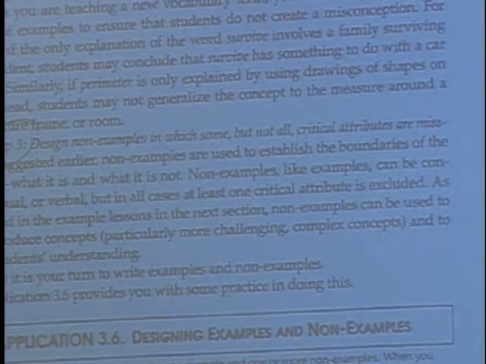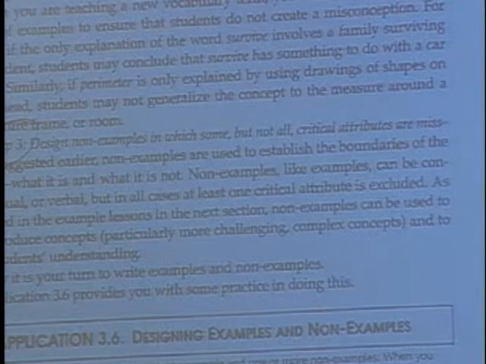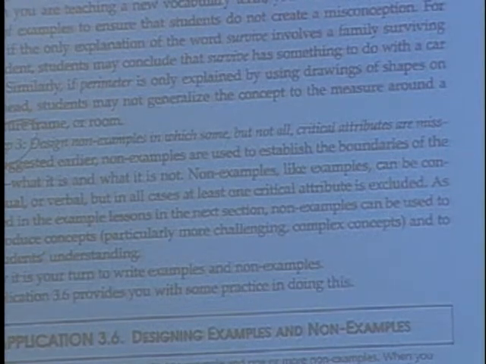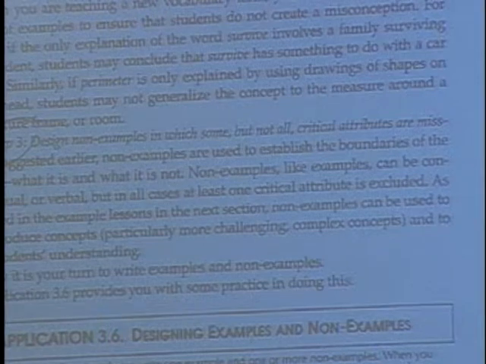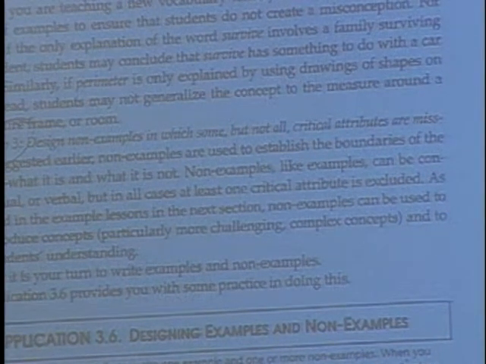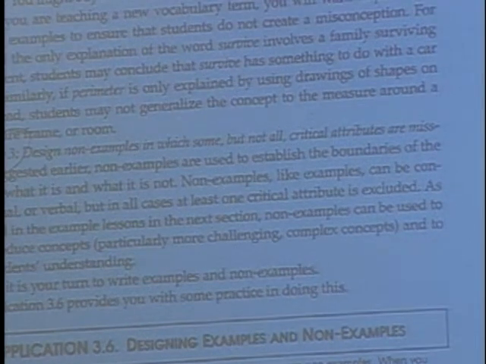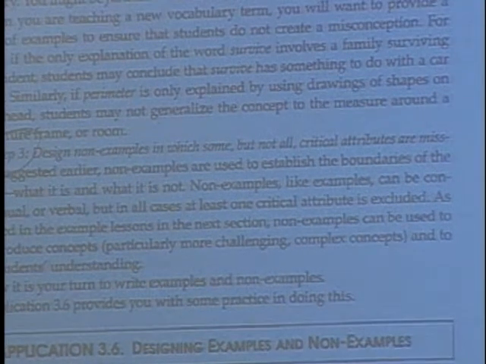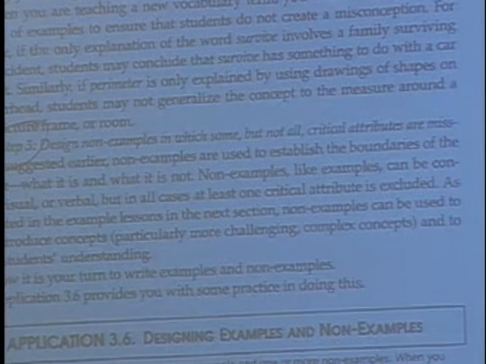And Archer and Hughes have developed examples in which all of the critical attributes are present. Okay, so conglomeration is the word. Many different things gathered together in an untidy or unusual way. Here's an example.